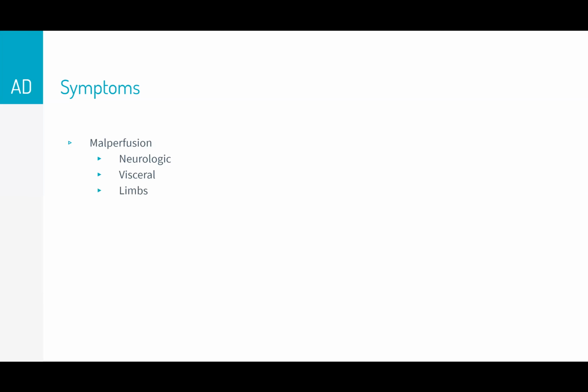Other symptoms and signs are malperfusion symptoms and signs, like neurologic. The patient could have loss of consciousness. He could have focal neurological deficit, either loss of sensation or motion in part of his limbs, or one of the cranial nerves gets affected.